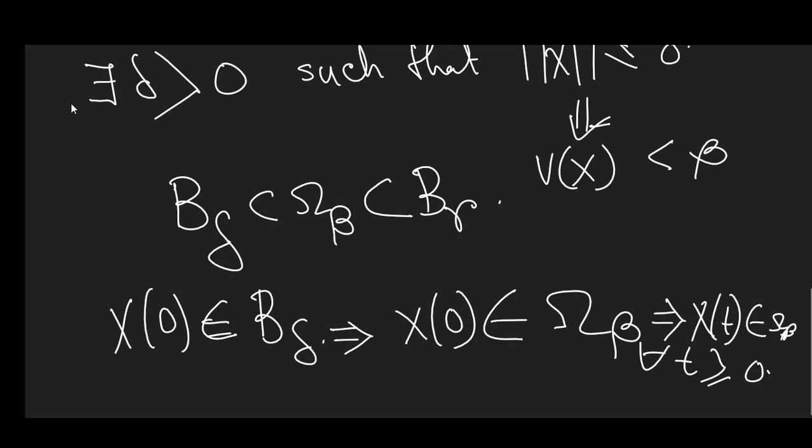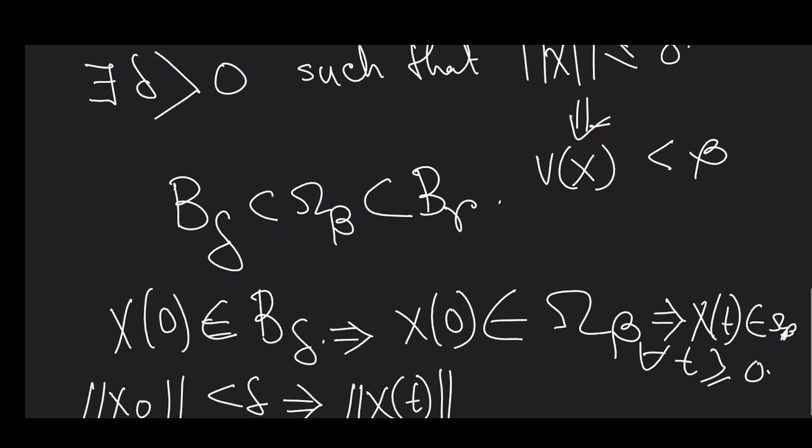Now what is needed? We can say that if norm of x naught is less than delta, then it implies x(t) is always less than r, and r is less than or equal to epsilon, for all t greater than or equal to 0.